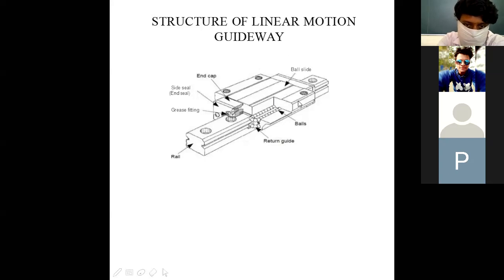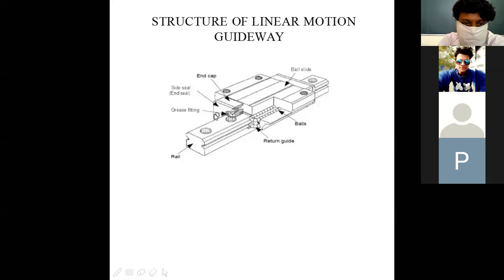So this linear motion guideway has this type of structure, and what does it have in the structure? If you go in detail, we can see that this is a slide. This part, which is a longer or elongated one, is called the rail. Then there is a grease fitting.